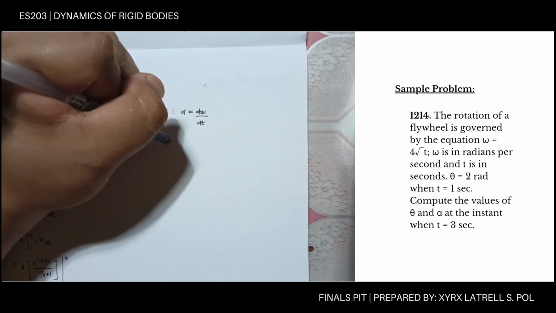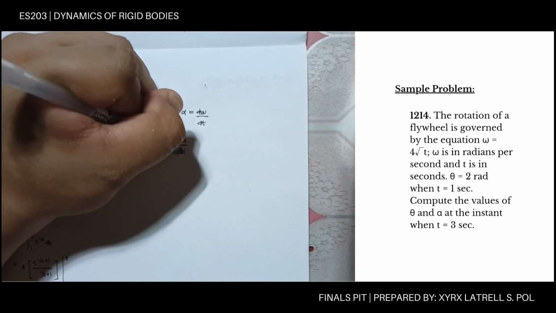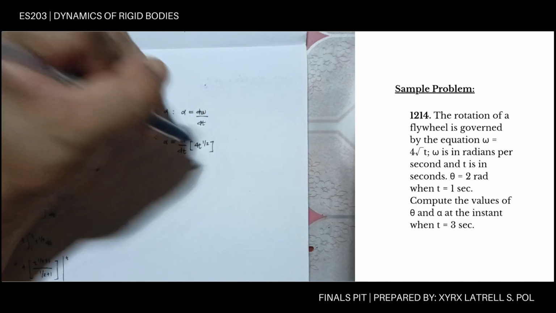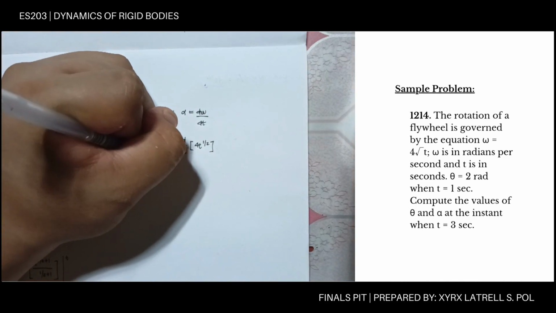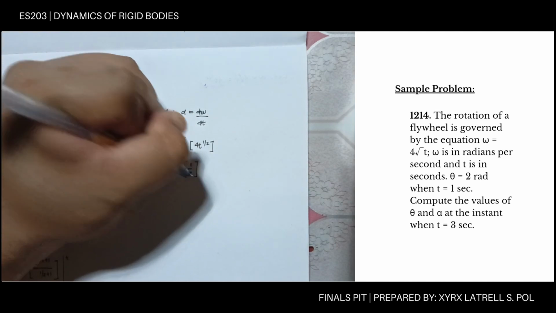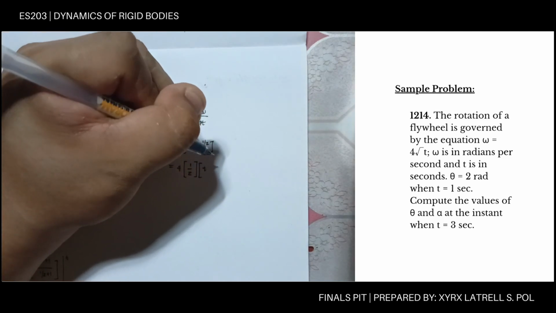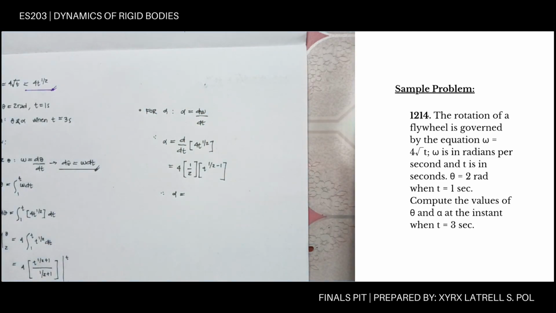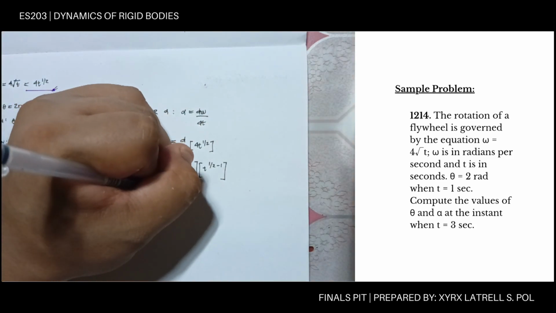Apply lang natin yung power rule. So, may 1 half na bababa, tapos yung exponent na 1 half ay mababawasan ng 1. To simplify, therefore, we have alpha is equal to 2t raised to negative 1 half.